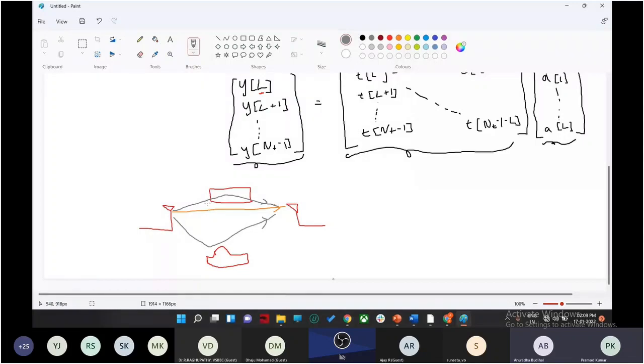Usually, after many experiments, we found that L is around 2 or 3, because even though there are many reflections, like from other objects such as a chair or a wall, the delay is not very much.